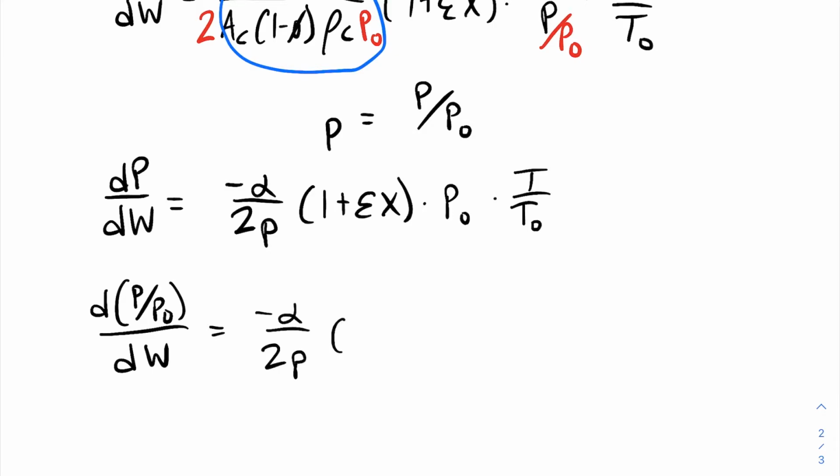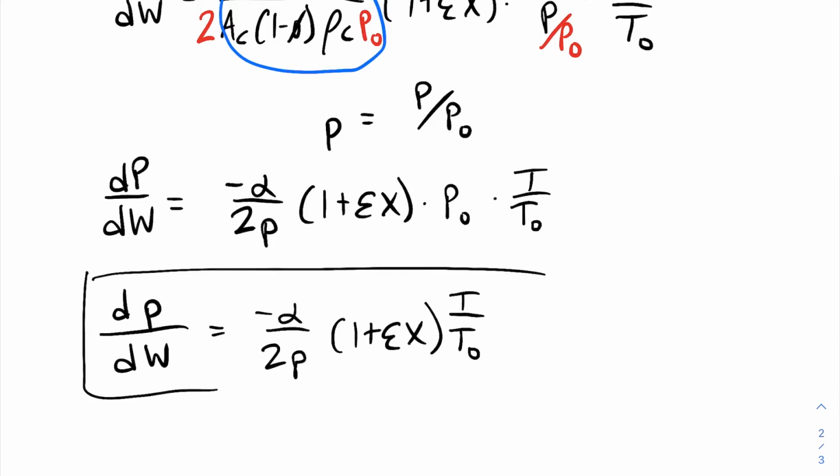And we know P over P naught is really lowercase p, so we can erase this and just call that d lowercase p. And this is the final expression for that.